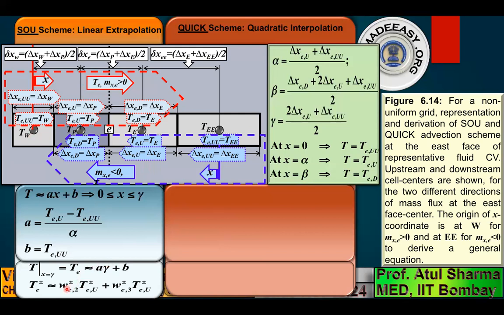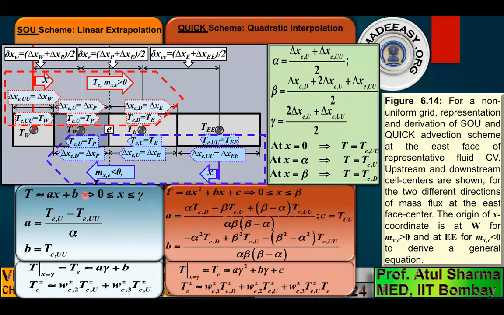That's why I am showing you W. The direction I am representing by plus and minus. W plus means the weight corresponding to the flow in the positive direction. W minus is the weight corresponding to mass flux in the negative direction. And I have a subscript also: E for east face, N for north face, S for south face, and W for west face.